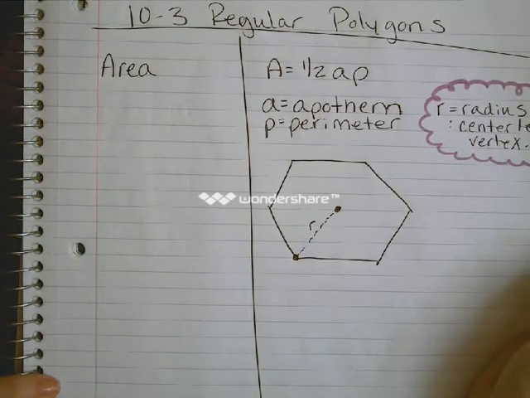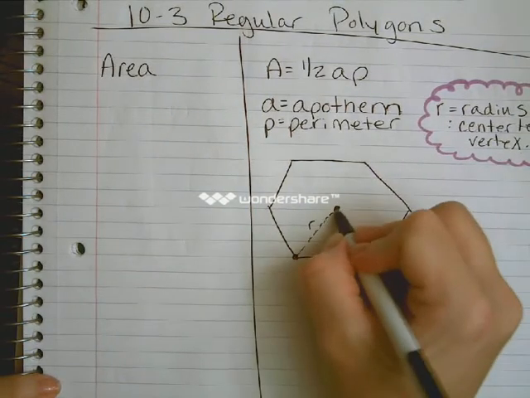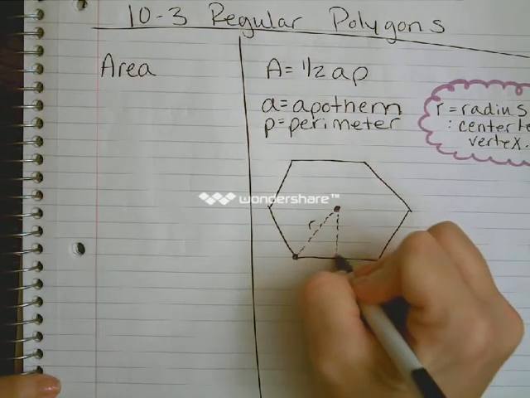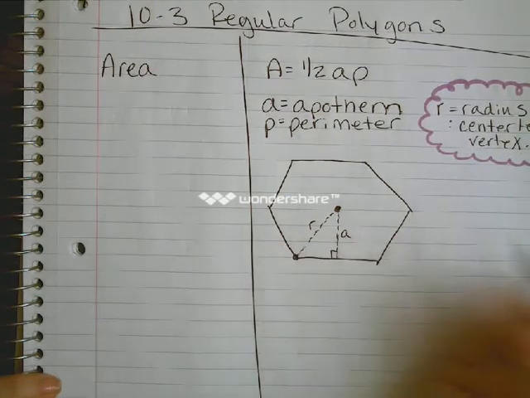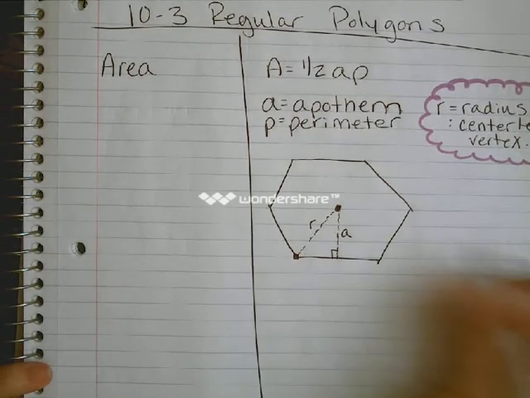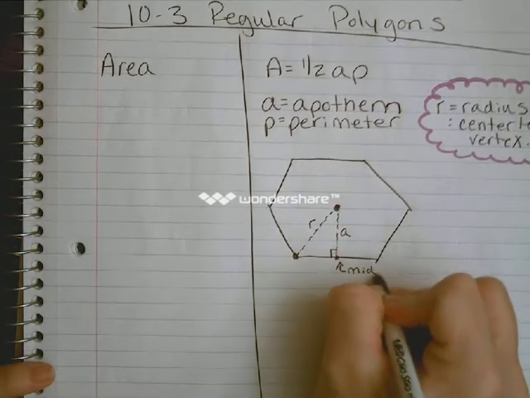Okay. What is this apothem thing? Well, the apothem is from the center perpendicular to one of the sides. Coincidentally, if this is a regular polygon, this happens to be a midpoint.